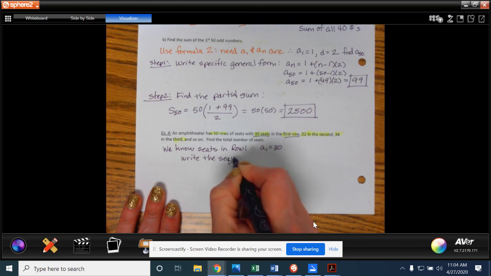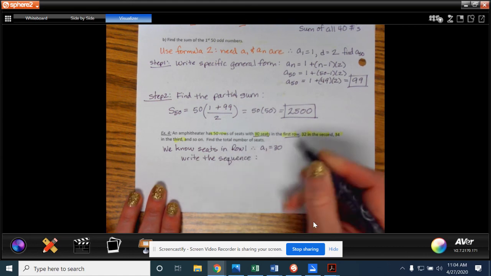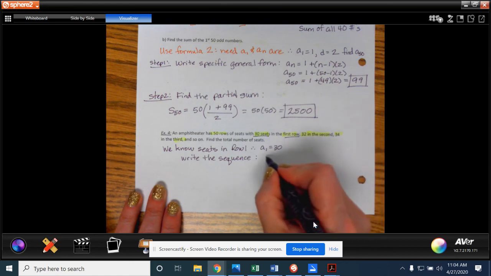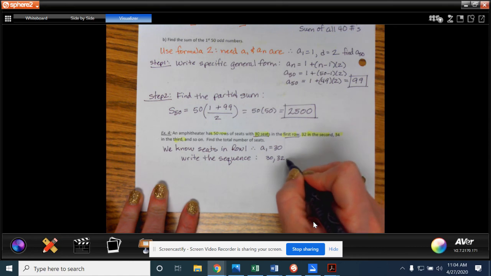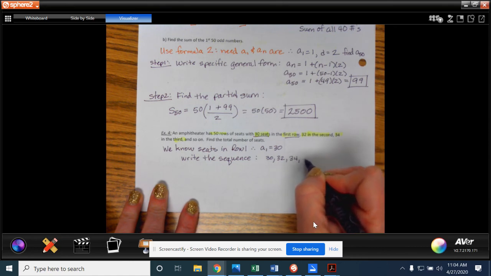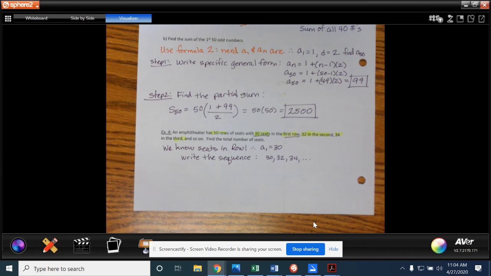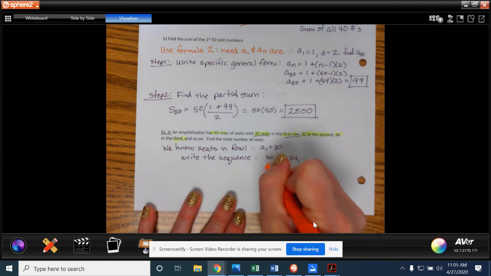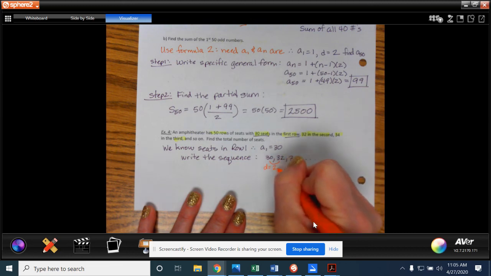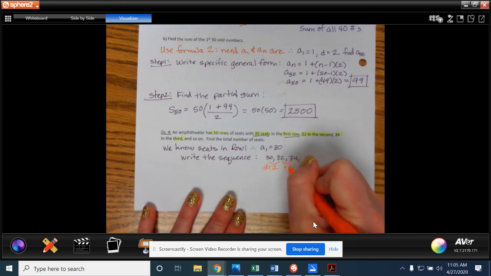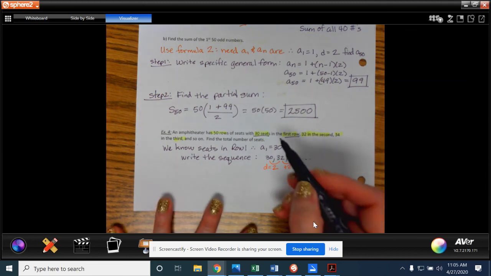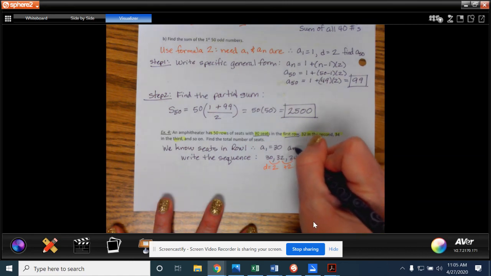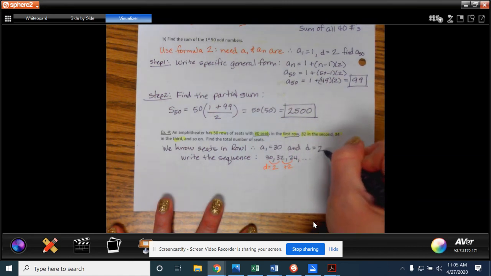We know that row 1 is 30. Then it goes 32. Then it goes 34. And continuing on so forth. We can easily find what the d is. The d is going to be 2. It's the difference, and this is also a plus 2. So just from this information, I know my a of 1, and I know that d equals 2.